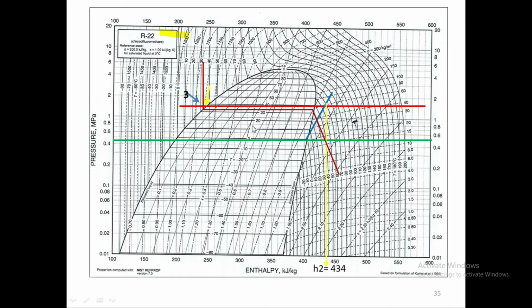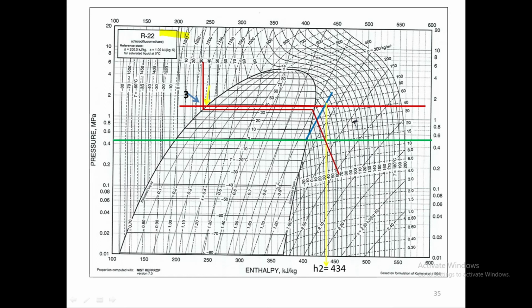And then this red line is the condenser line at 40 degrees centigrade. So these are the two lines. Point 1 is at the saturation vapor line, this curve, where the evaporator line crosses it.